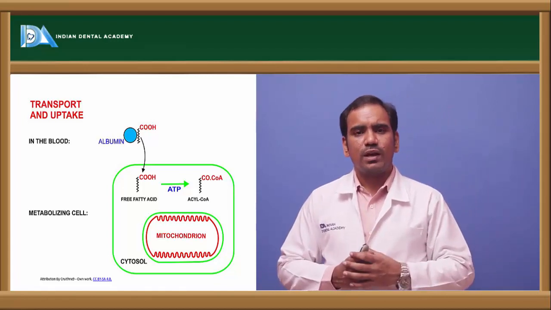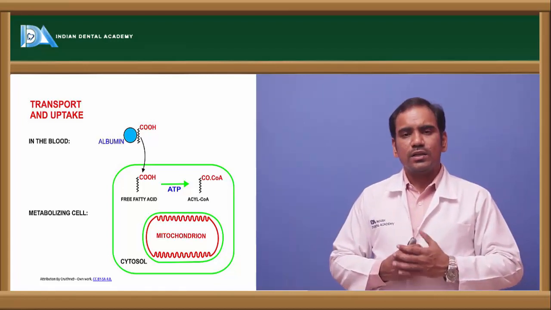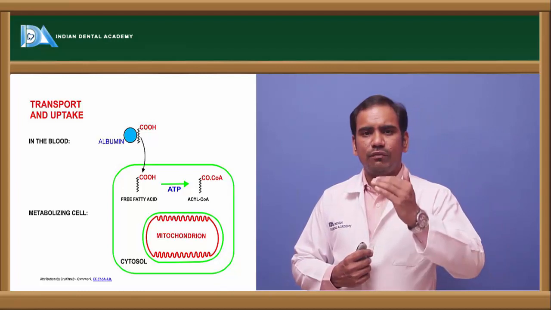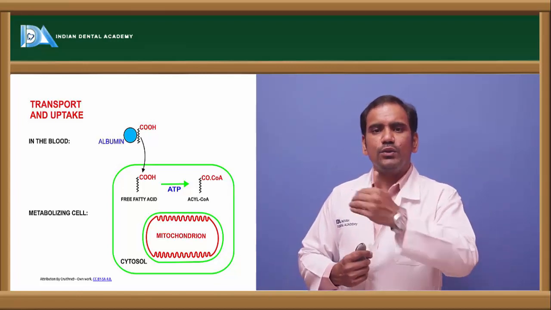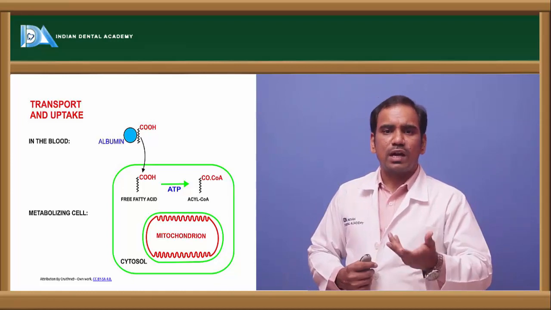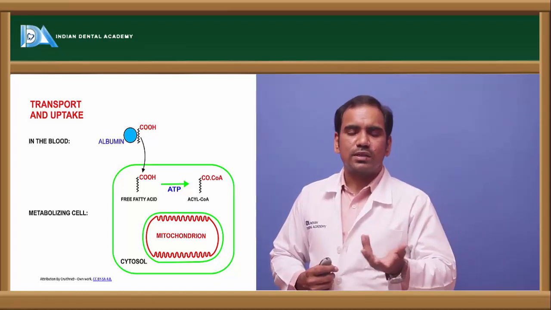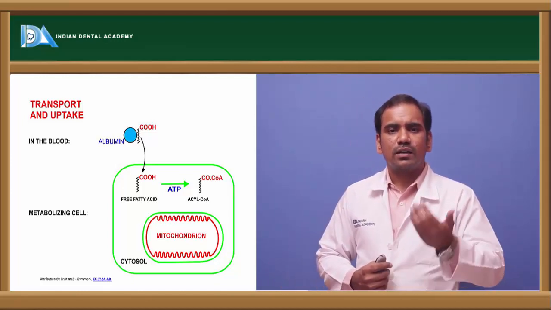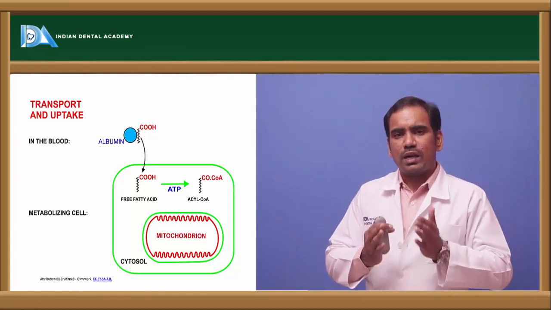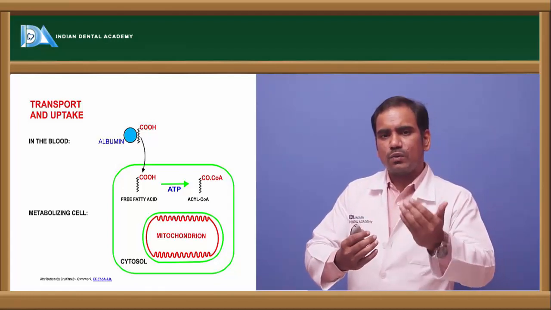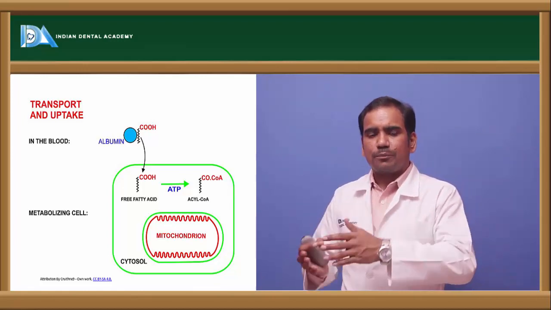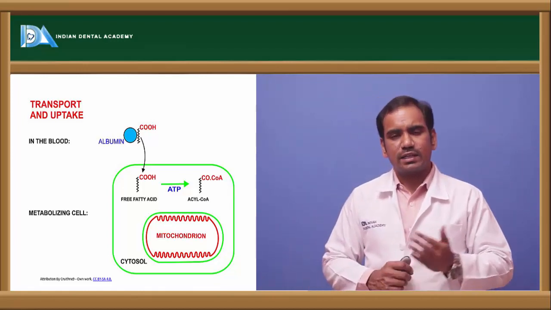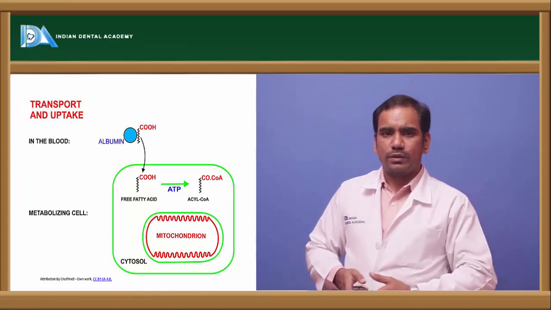That is the use of carnitine in beta oxidation. Without carnitine, fatty acid oxidation cannot occur because the activated fatty acid cannot cross the mitochondrial membrane. So carnitine transports the acyl-CoA from cytosol into the mitochondria. Now the activated fatty acid, acyl-CoA, has entered the mitochondria.